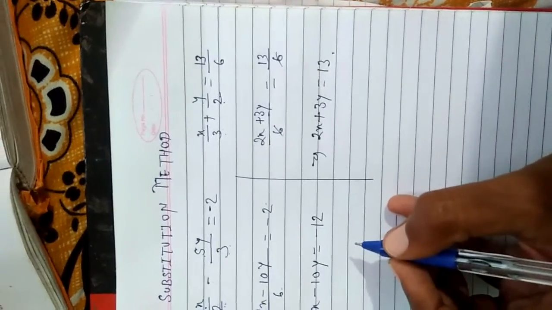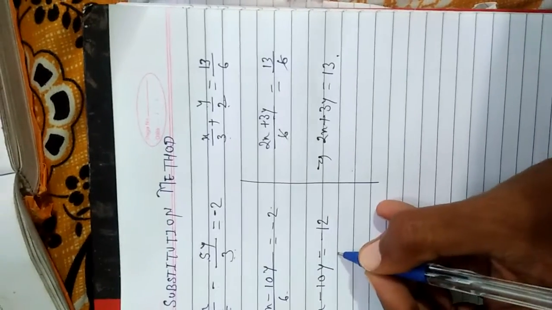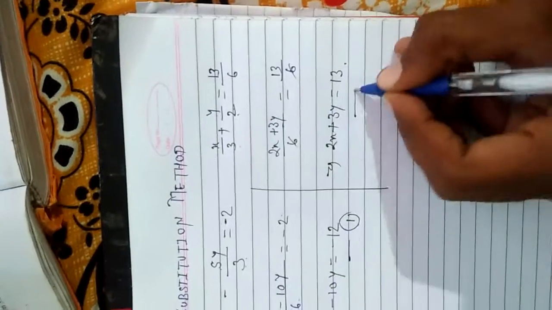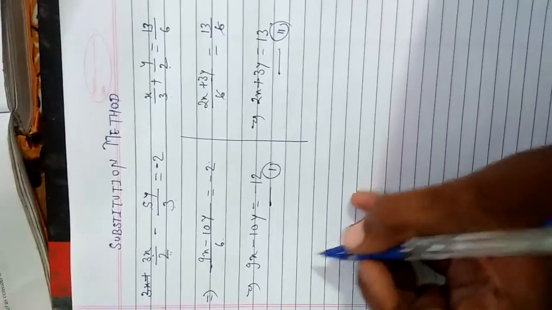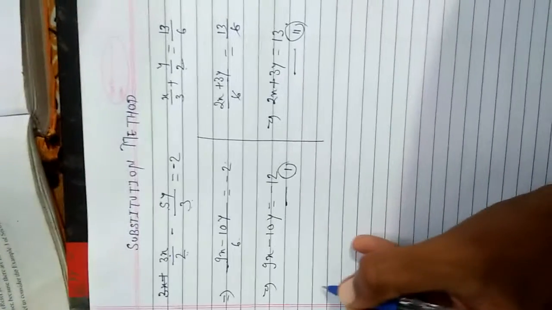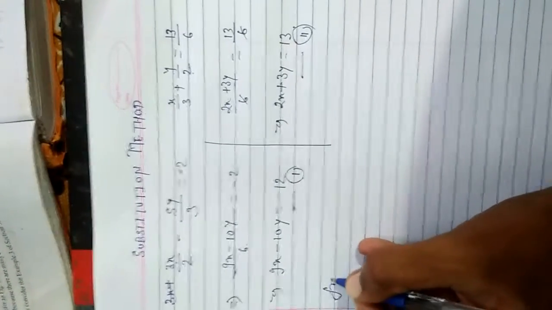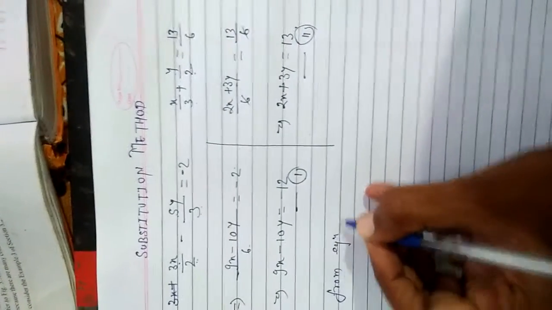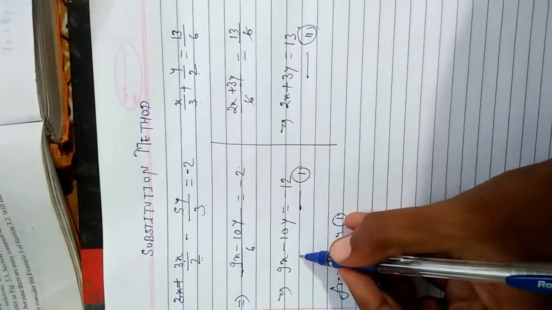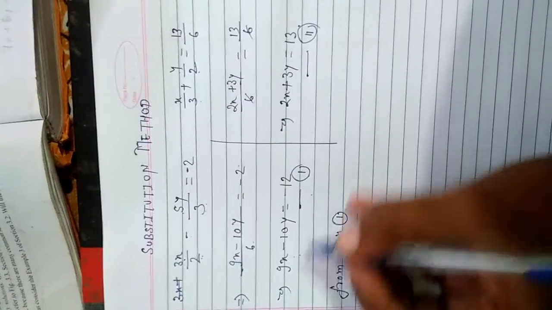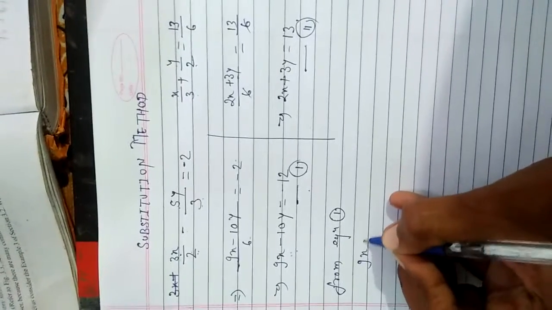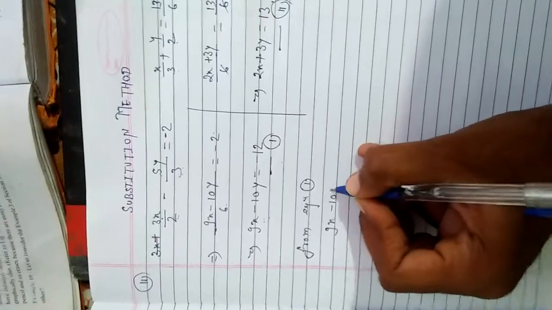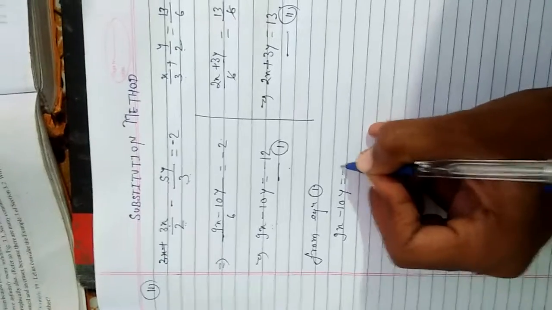First we have to name this equation equation 1, and this is equation number 2. Let's take equation 1. From equation 1, again we are substituting the value of x. So let's write the equation 9x minus 10y equals minus 12.